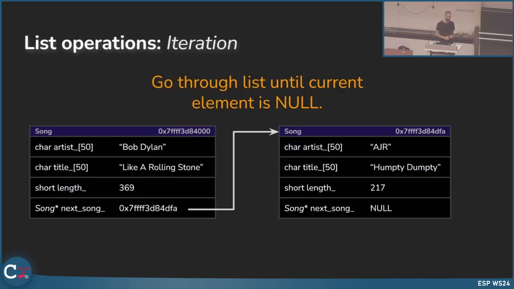In arrays, it's pretty simple because we just increment our index, and then we have the next element. In this case, it's a bit more complicated because we want to iterate until we find the last element, which points to null.